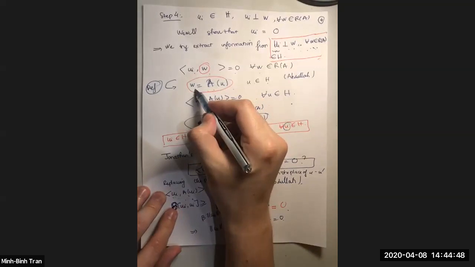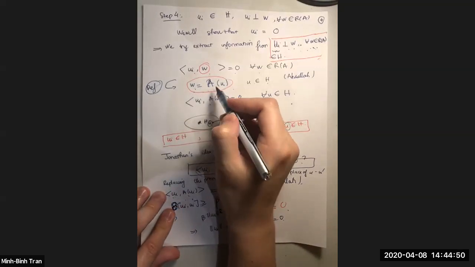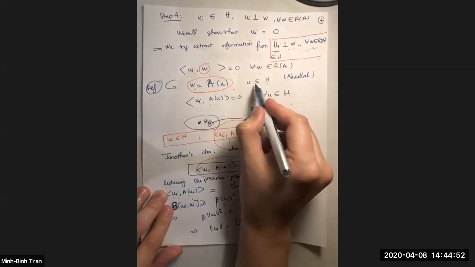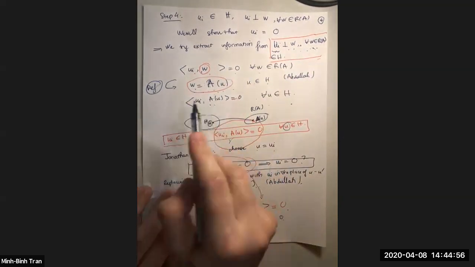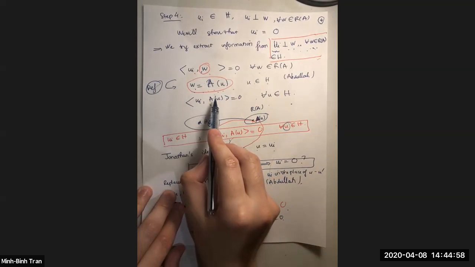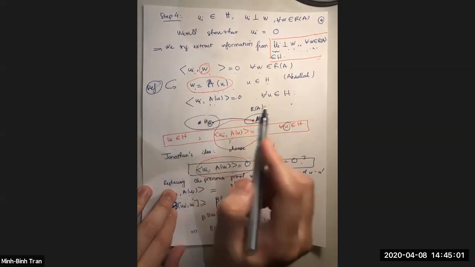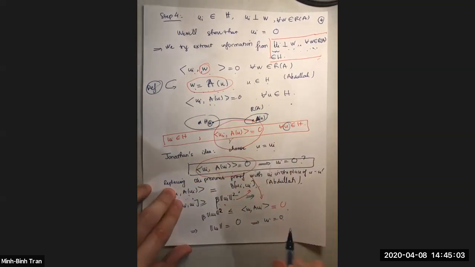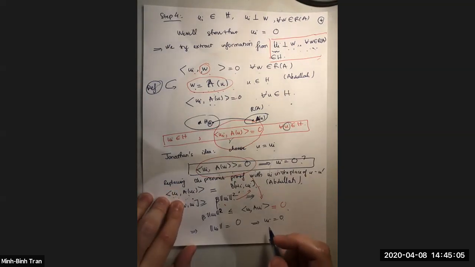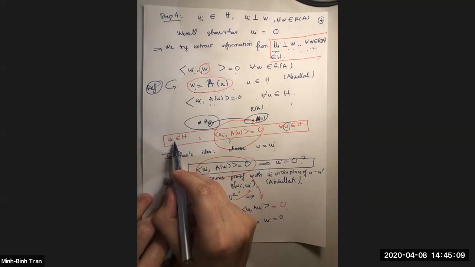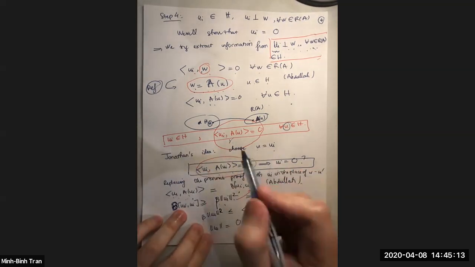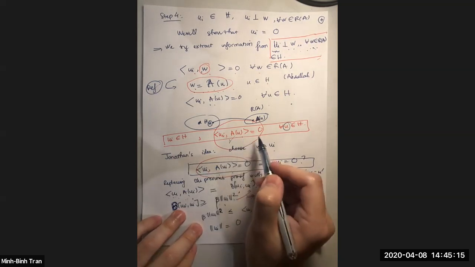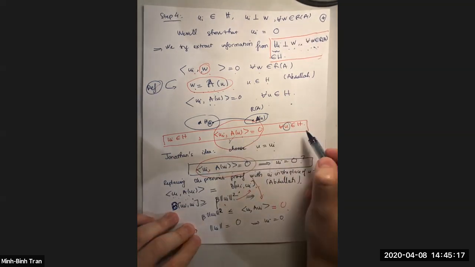So w is in the range of A, meaning that w will be Au with u in H. So this is equivalent with the fact that the inner product of u_i with Au will be 0 for all of the u in H. All right. So now u_i is in H, and u_i inner product with Au is going to be 0 for all of the u in H, right?